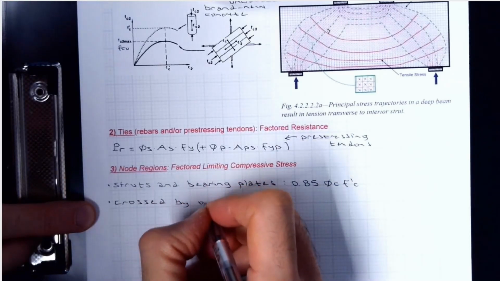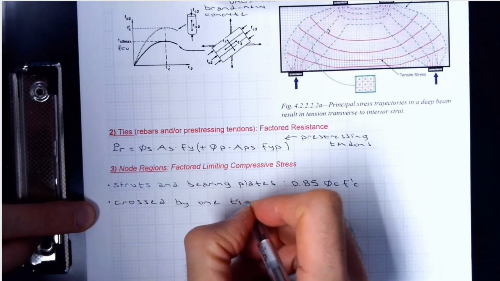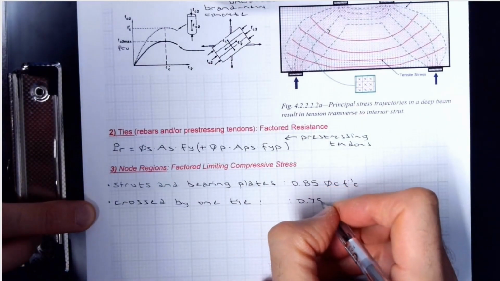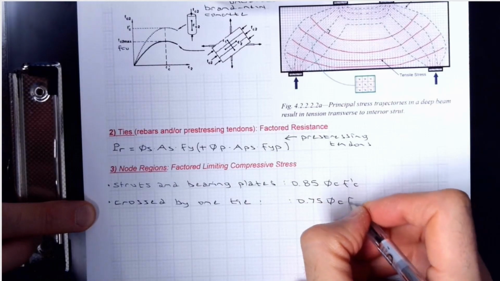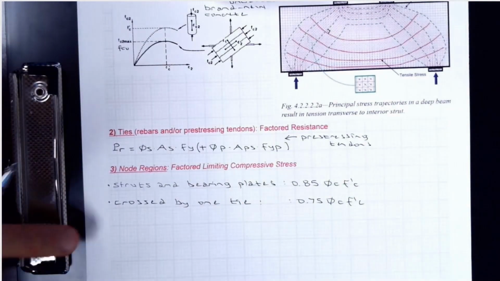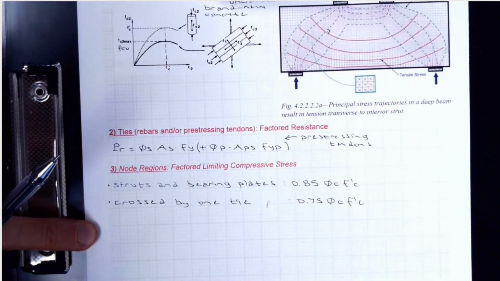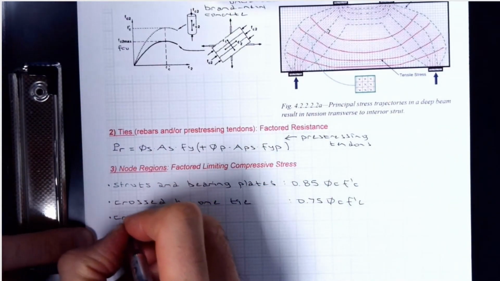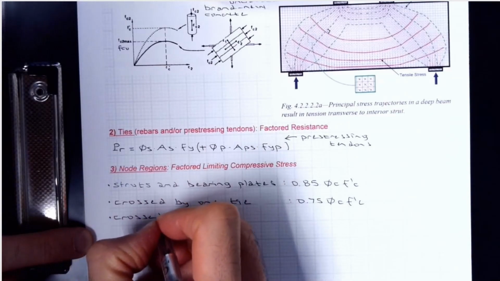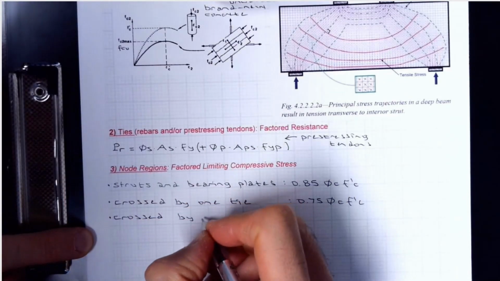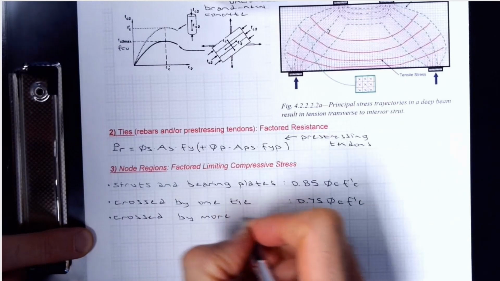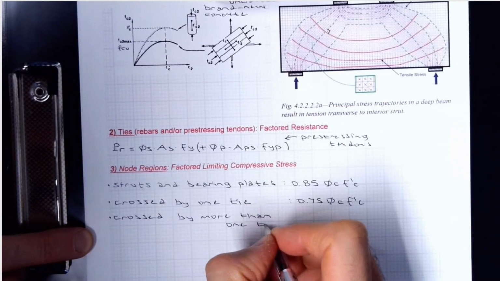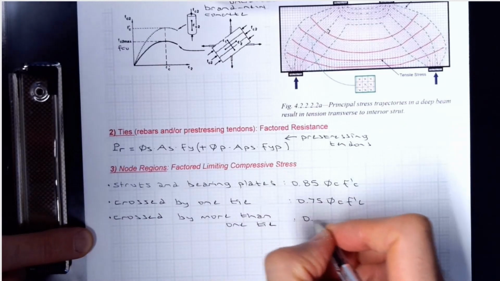Crossed by one tie, so if the nodal zone is crossed by a single tie, 0.75. And finally, crossed by more than one tie, 0.65.